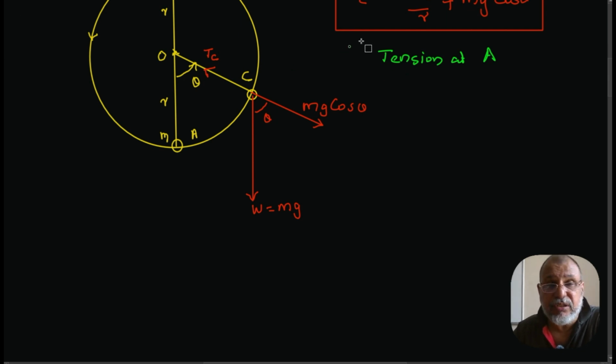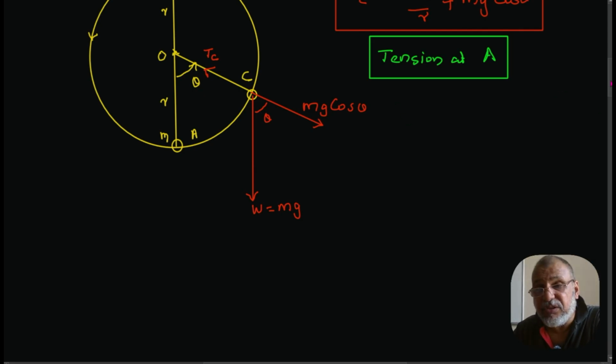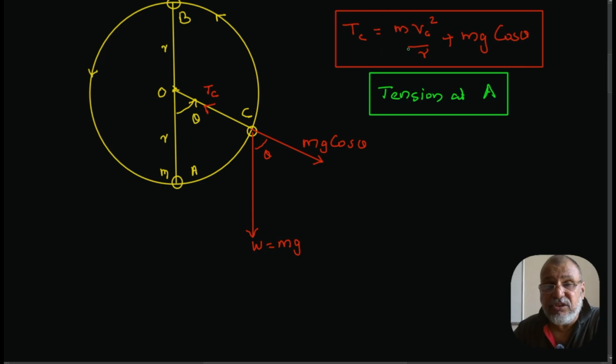We can substitute the values for the angle. Look at the equation we had earlier: TC is equal to m vC squared over R plus mg cos theta. In this case, at A, theta will be 0.